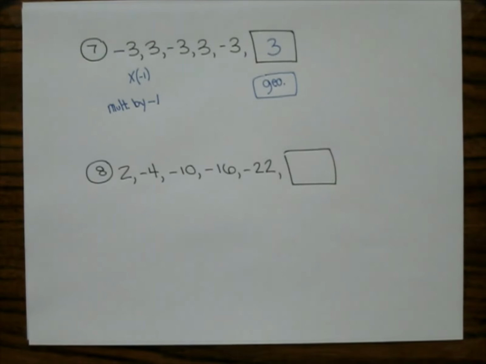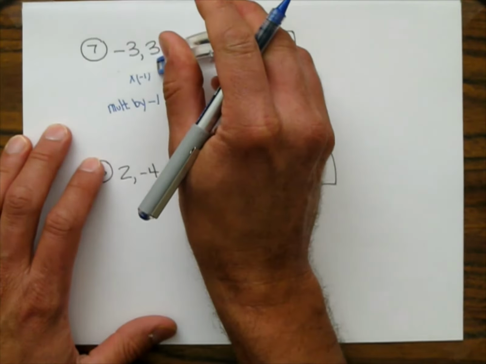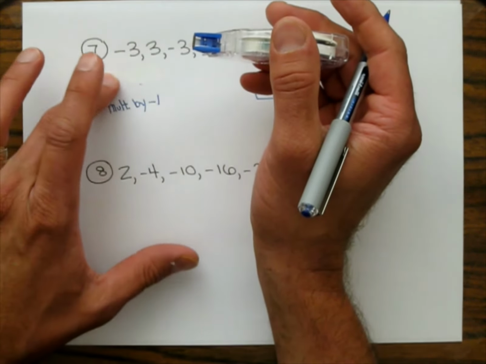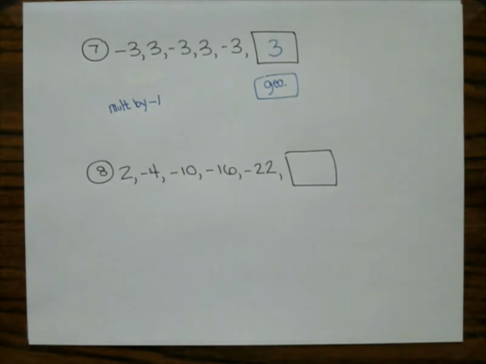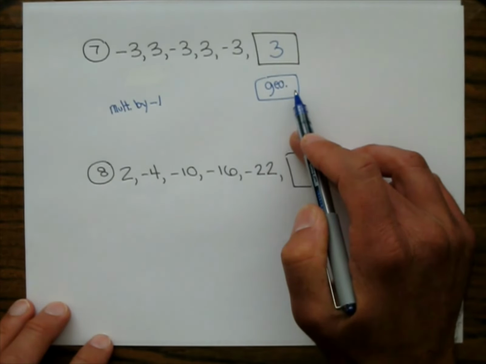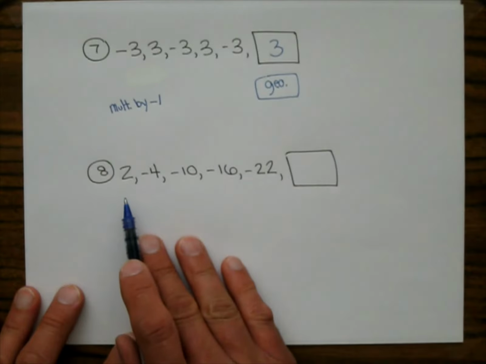And I believe we'll go like this. No one will even know when they're looking at the PDF. Oh, come on, what is with this whiteout? One more. There we go. Multiply by -1. And we got 3's the next term. It's geometric. Let's take a look at this last problem here.